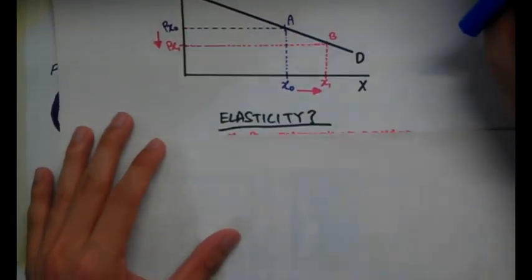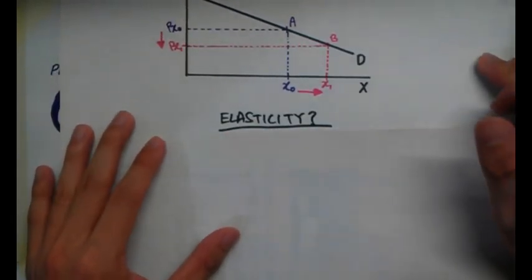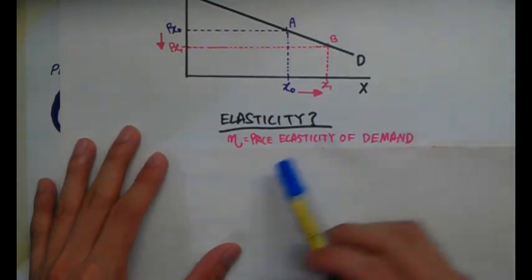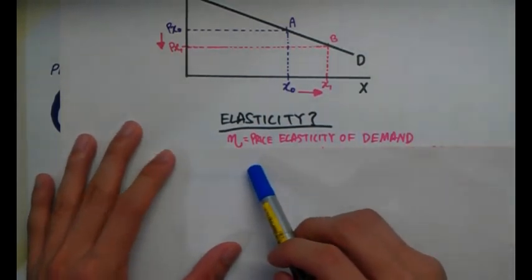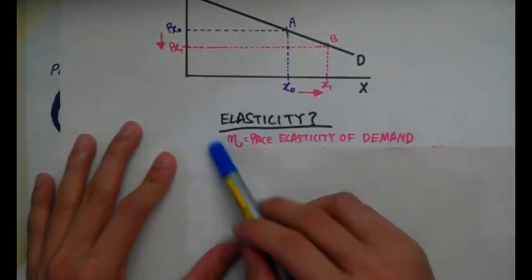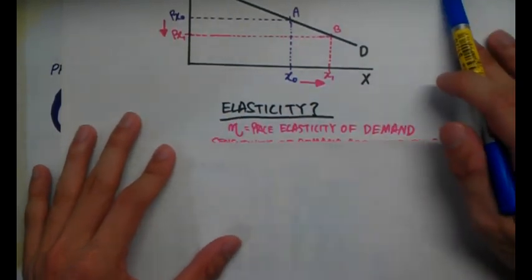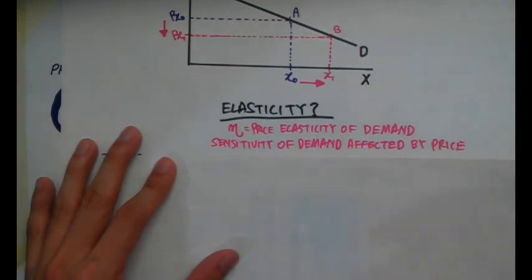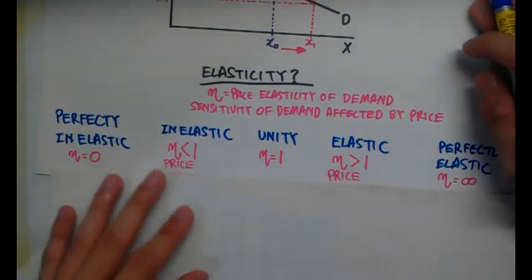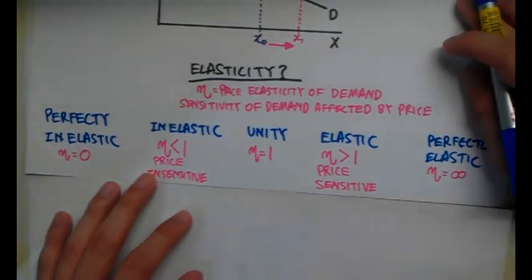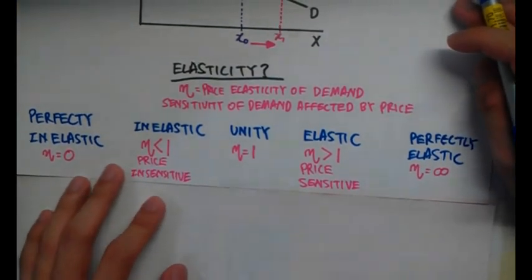We now move on to elasticity. What is elasticity? Before we go on to the definition, take note that this will be the notation for price elasticity of demand. And the definition would be the sensitivity of demand affected by price. Now, there are two extreme ends of elasticity.